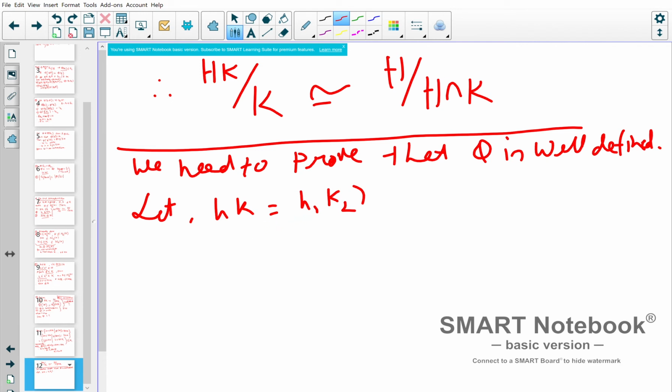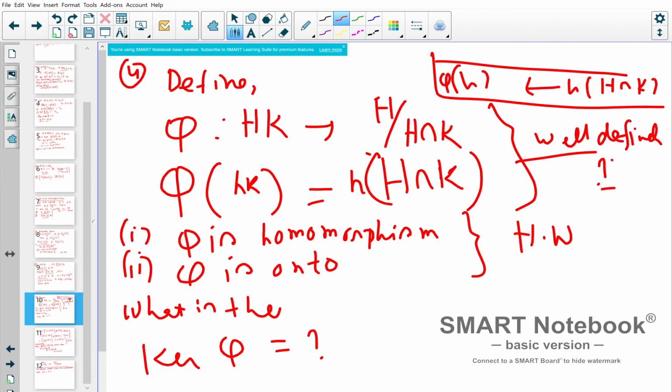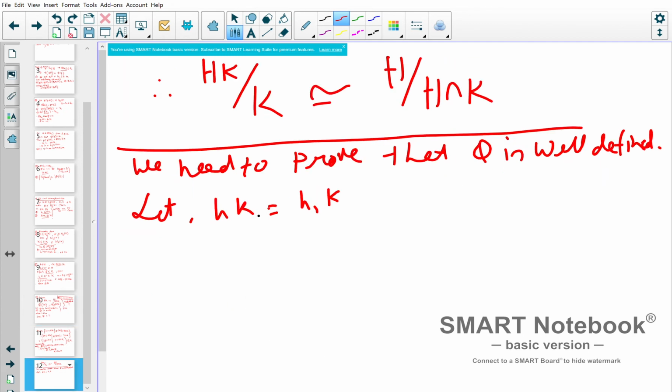Maybe this is okay. So if hk and h1k1 are the same elements, then I need to prove that phi of hk equals phi of h1k1, right?